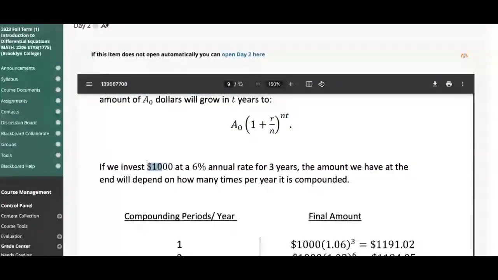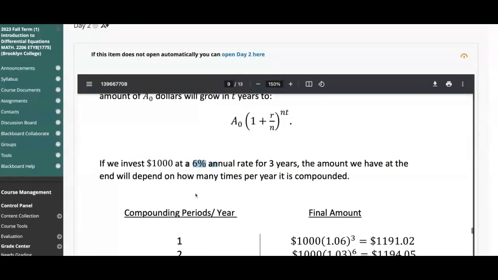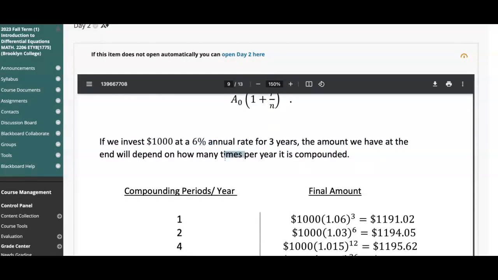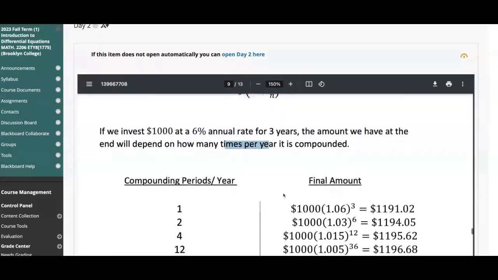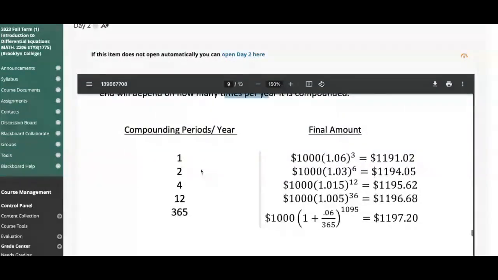If we invest 1,000 at 6% annual interest rate for 3 years, the amount we have at the end will depend on how many times per year it is compounded. Compounded once, we get this.